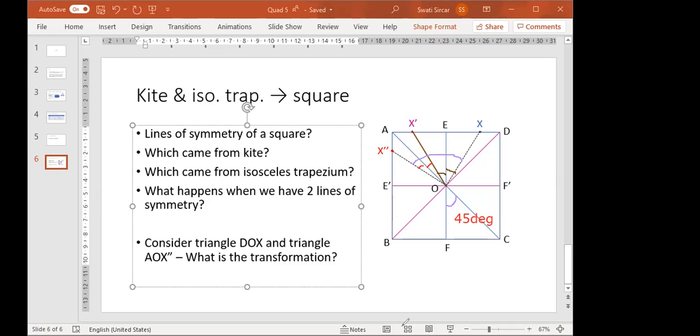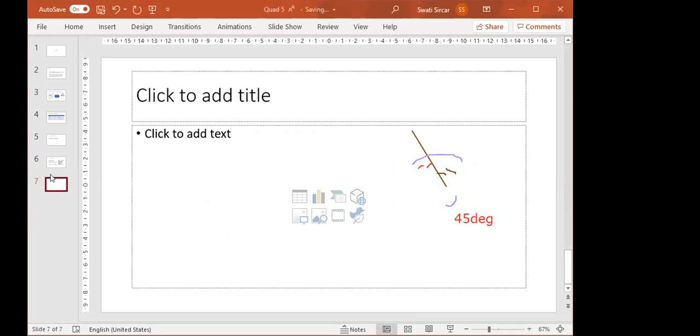Okay, and you can explore what happens if you reflect on two parallel lines. And these can be done very nicely with a bit of paper folding, etc.